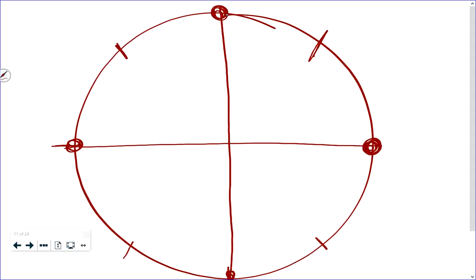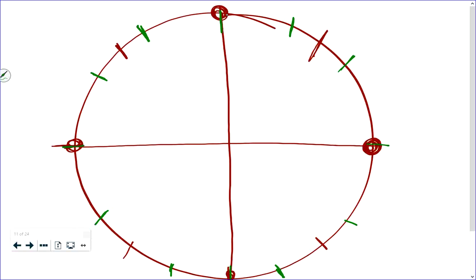If I were to look at multiples of 30 degrees, 30, 60, 90, another 30, another 30, and so on, here and here and here and here. This is what we mean when we talk about special angles.